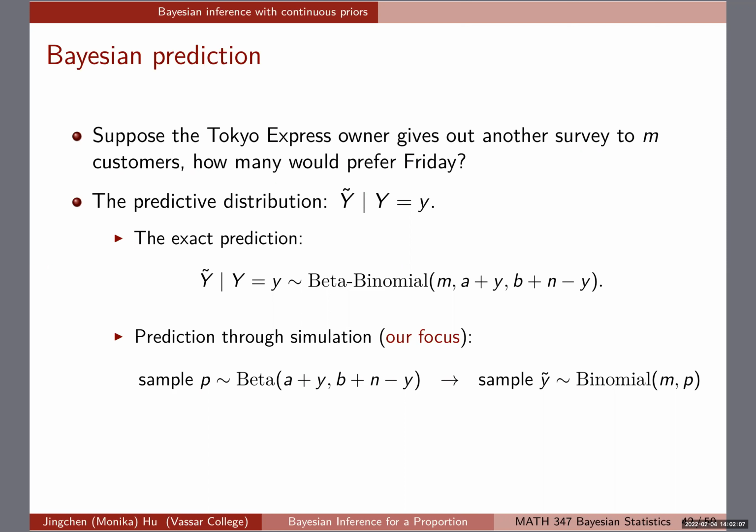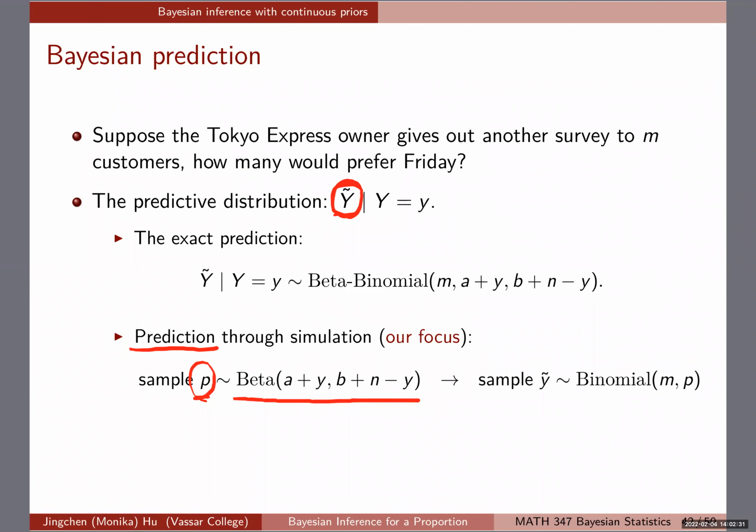So if we're trying to get a value of this Y tilde, and we already know the posterior distribution of P, which, as we know, is Beta(A plus Y, B plus N minus Y), all we need to do for a prediction is first get a sample of my posterior P. So I sample it from rbeta.